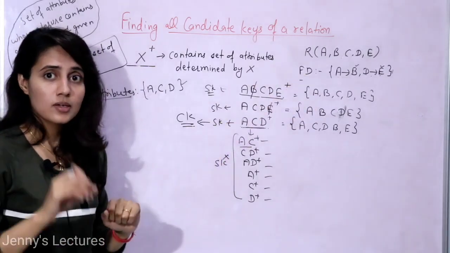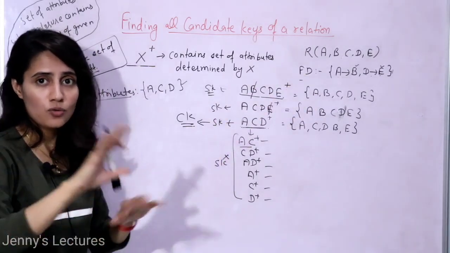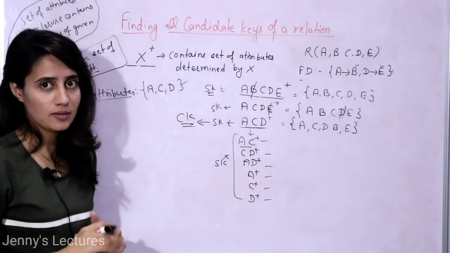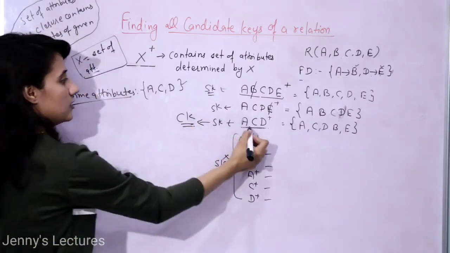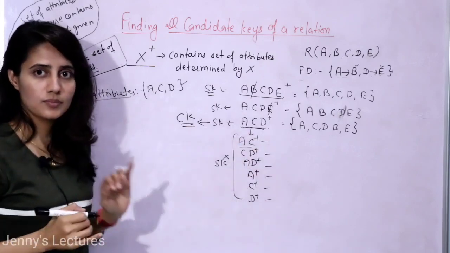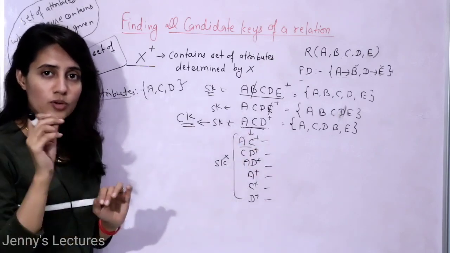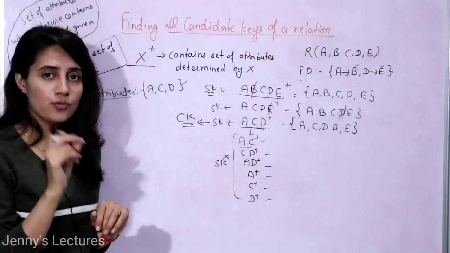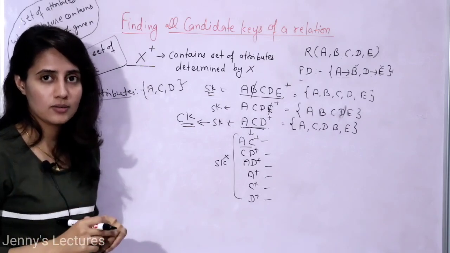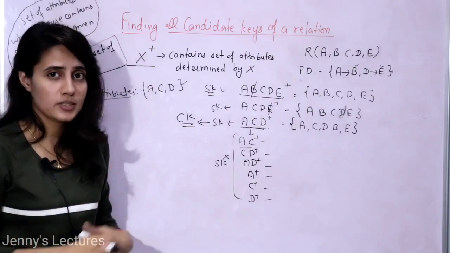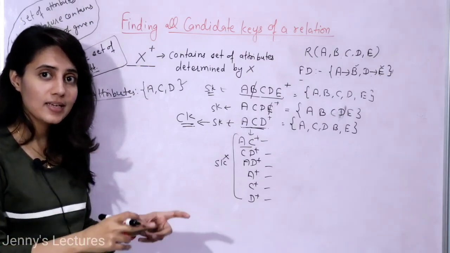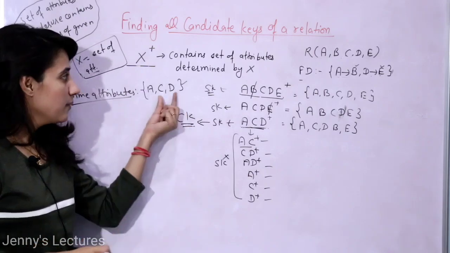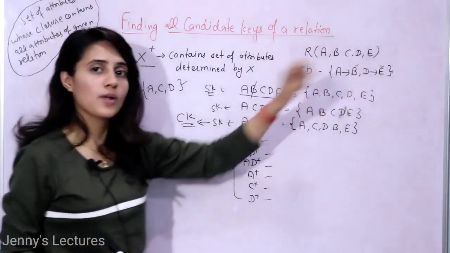So now you can say the only candidate key available is A, C and D, right? This is, you can say, a short trick. This is a very important trick from the point of view of the GATE or NET exam, right? This will save your time. Now let us take the case where the prime attributes will be available on the right hand side.